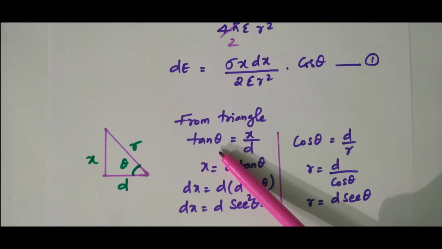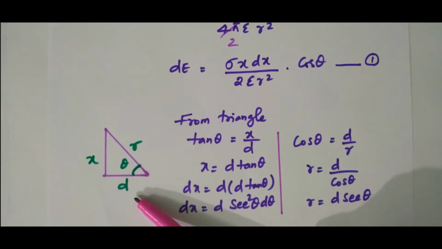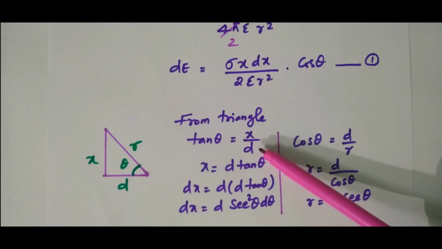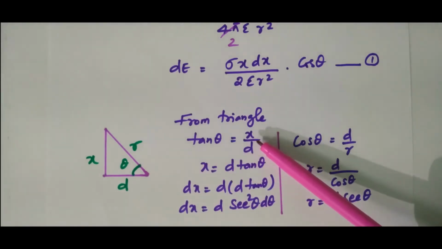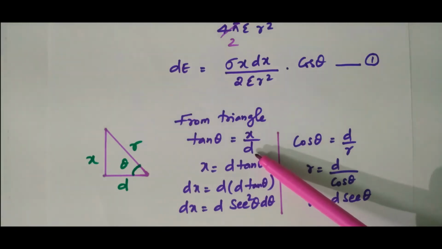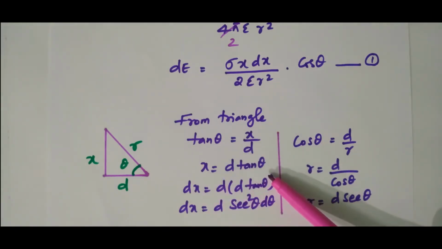Tan theta is nothing but opposite side by adjacent side. So this is theta, opposite side is x, adjacent side is d. So x by d. So tan theta equal to x by d, so that x equal to tan theta into d. Cross multiply, so x equal to d tan theta.